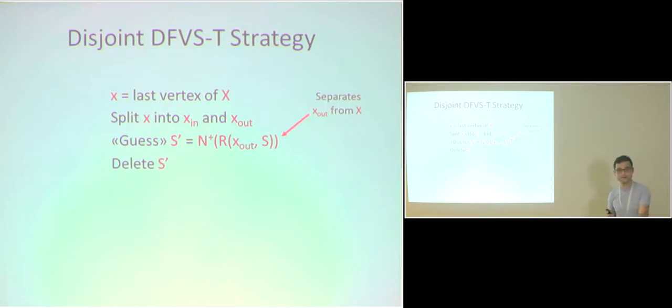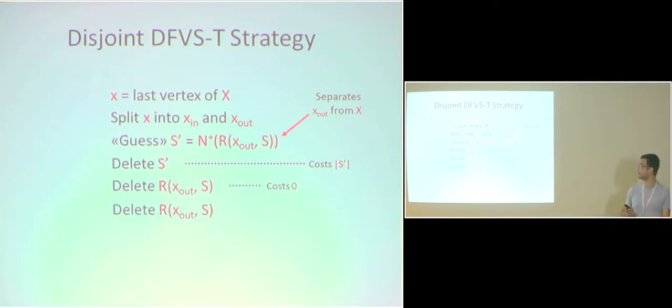We put it into our solution, so we paid the size of that set. So we guessed that set, we paid it, removed it from the graph, and then all the vertices that were reachable from X out weren't part of a directed cycle anyway, so we could delete them for free. And the same with X in, and now we have one less vertex in X to worry about.